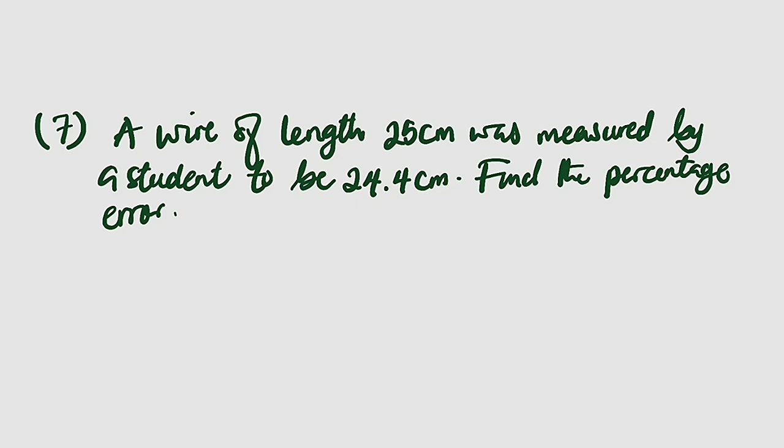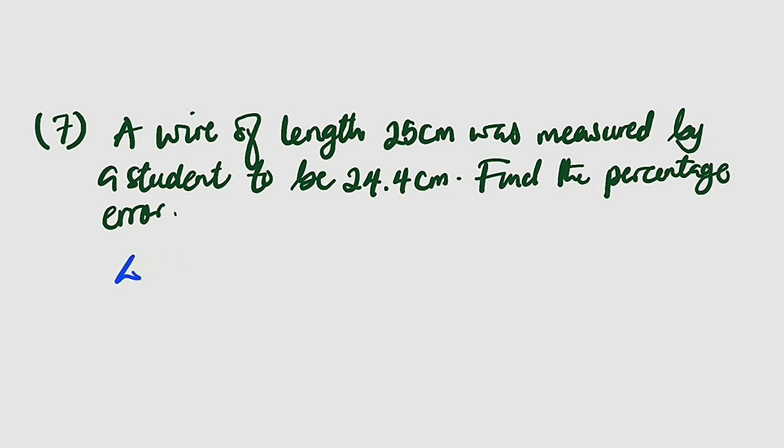Question number 7 reads, a wire of length 25 centimeter was measured by a student to be 24.4, meaning 25 is the actual length of the wire, but the student mistakenly measured it as 24.4, meaning it has reduced. We are asked to find the percentage error.